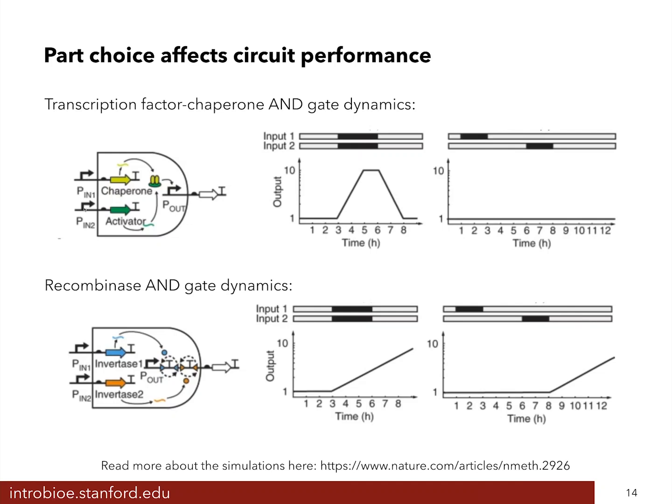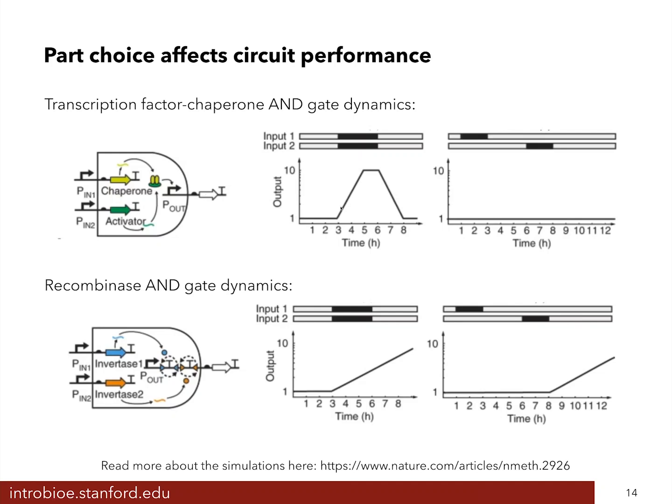Those were the two triggers for promoter 1 and promoter 2 to become active. So you add both of them together, then you will get expression of both your chaperone and your activator, your transcription factor, at the same time. Those things will bind to the promoter and initiate expression of your output gene.